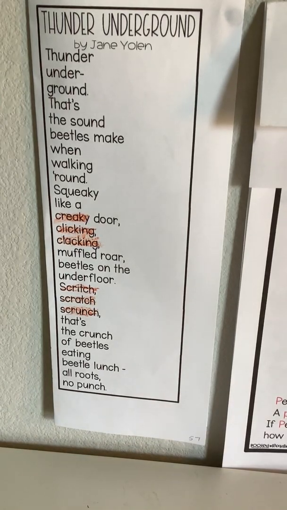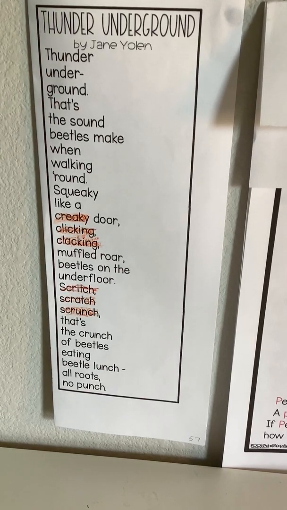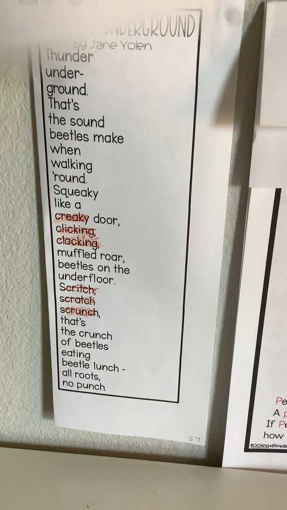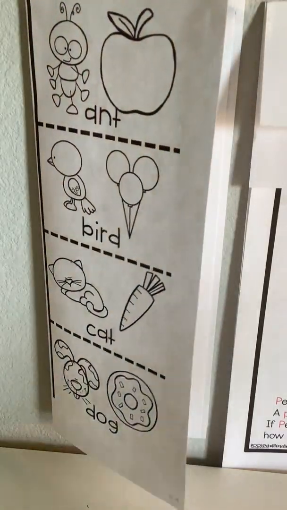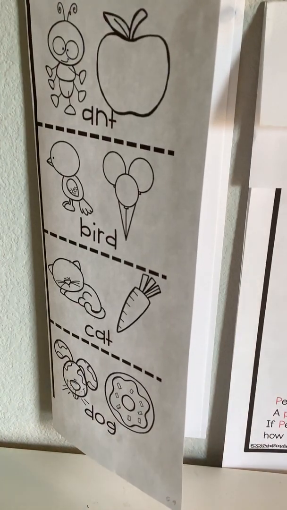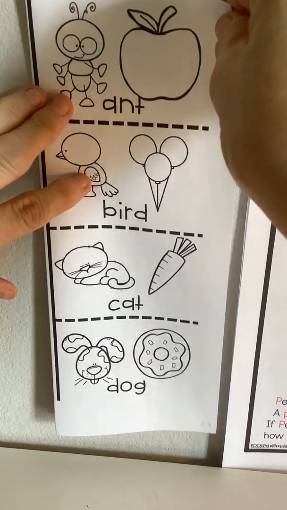Okay, on the other side of that prompt, or that poem, there is a page that looks like this. Let me get it up here for you. Okay, can you see it? And it says ant, bird, cat, dog.